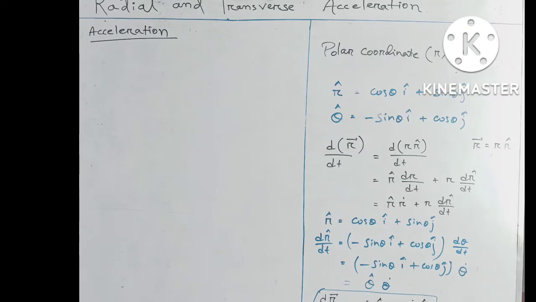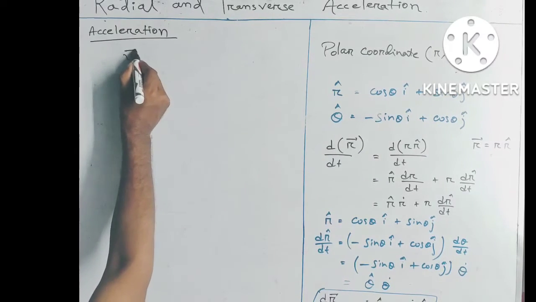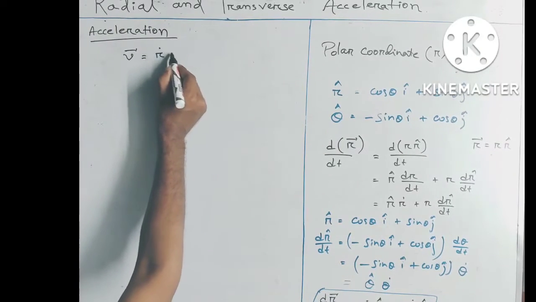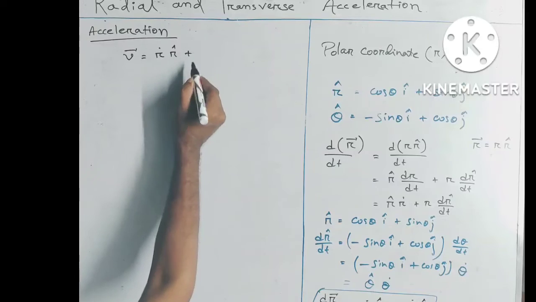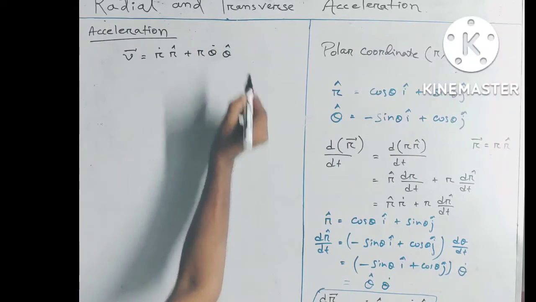So from this equation we can find out the velocity of any particle at any instant. So velocity vector v is equal to r dot r cap plus r theta dot theta cap.